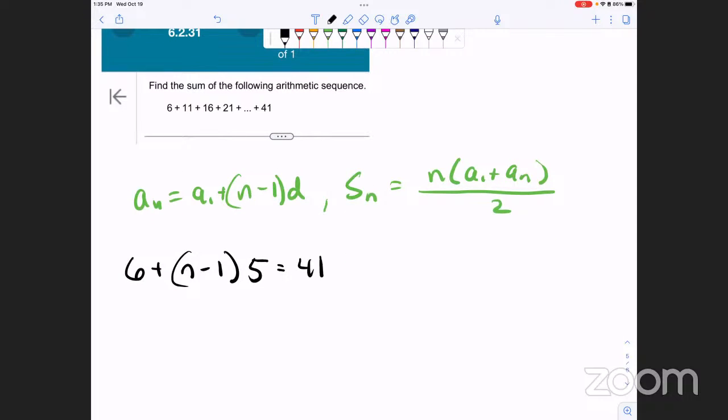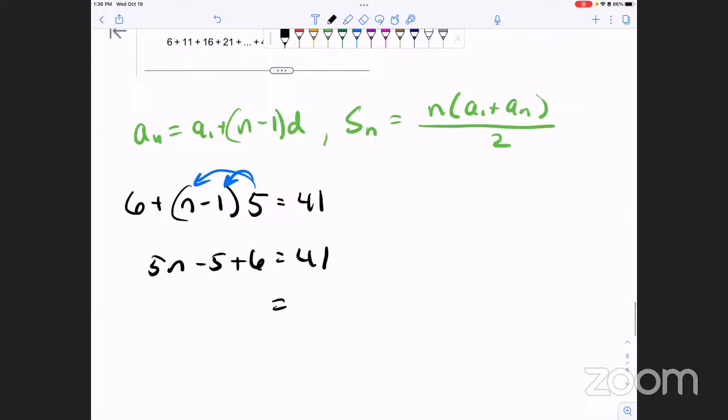So we want to see what term is 41. If we distribute this 5 and combine like terms, we'll have 5n minus 5 plus 6 equals 41. That's a 1, subtract 1 is 40. 5n equals 40, so n equals 8.